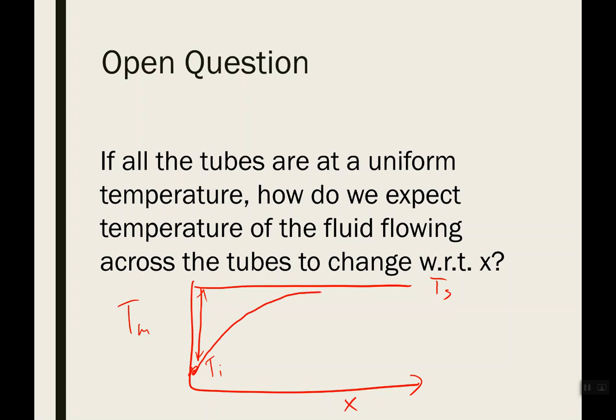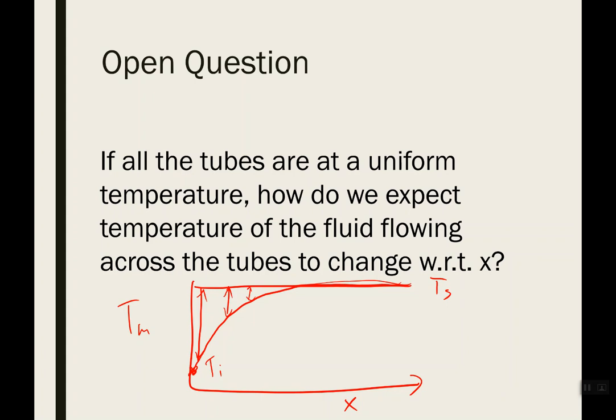After our fluid's been heated up a while, because these tubes are heating it, our driving force is now going to be smaller. So there's going to be less flux, which means our temperature increase with respect to x will get smaller and smaller until our fluid temperature reaches the surface temperature and there's no more heat transfer happening.